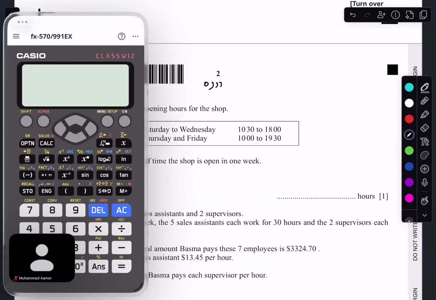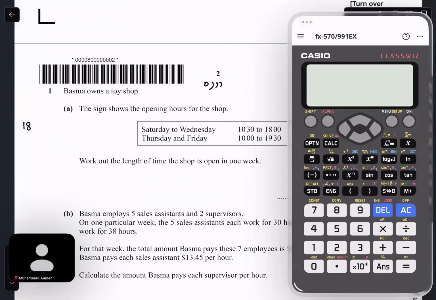So you will have this button over here, the one I marked. So you have to find the time difference. Saturday to Wednesday, what is the time difference? So you press 18, okay, and then press this button. That means 18 hours, okay. And how many? 00 minutes.